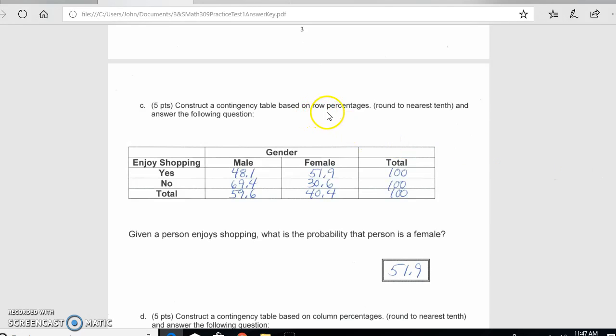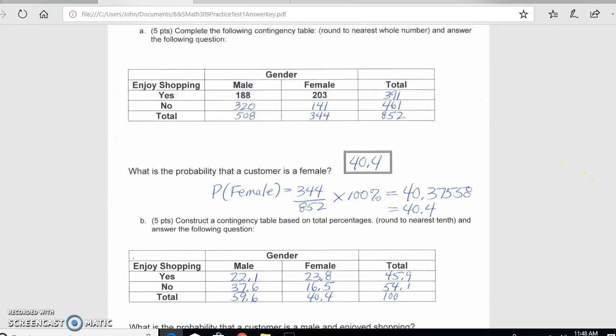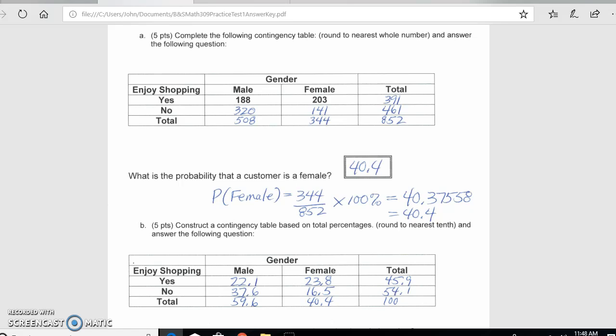So our key here is this little phrase, row percentages, which means that we are going to convert the data in the table to percentages based on the row totals. Now if I go back to the contingency table in letter A, in the column for men, I have 188 men who enjoyed shopping.